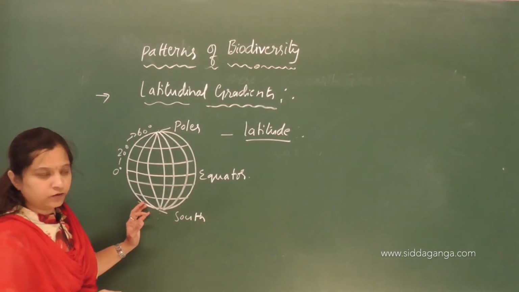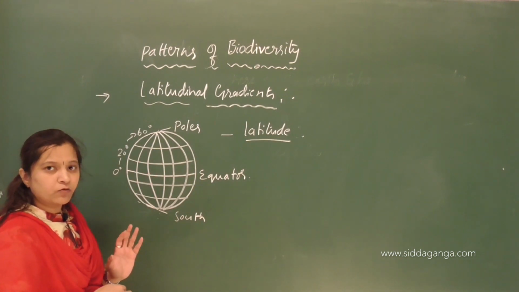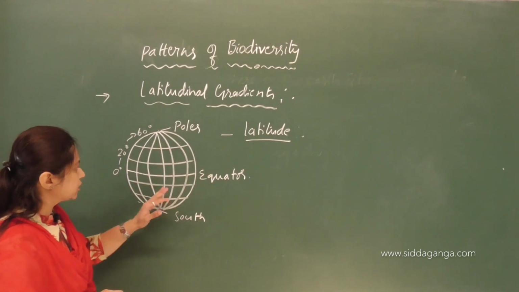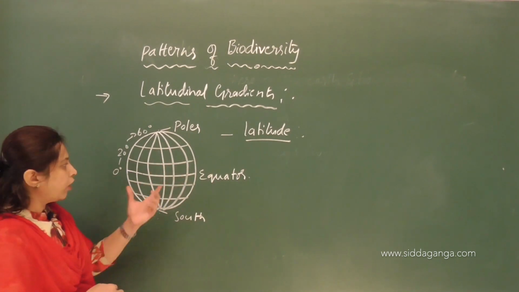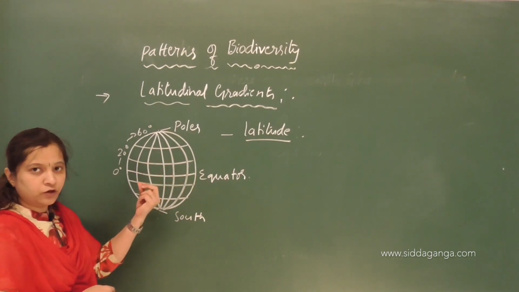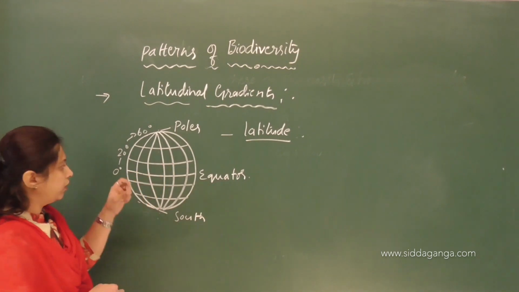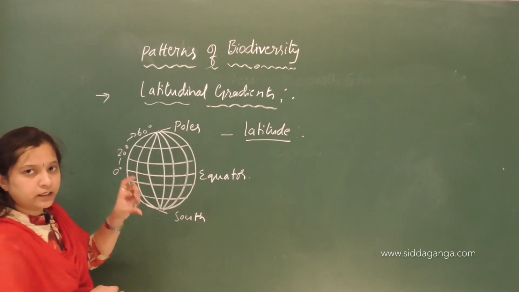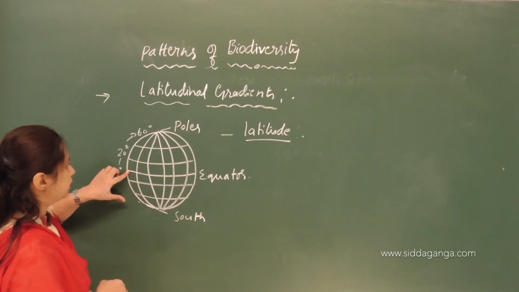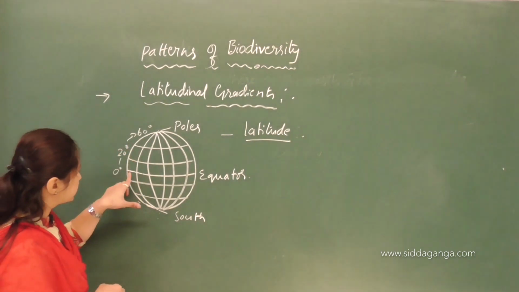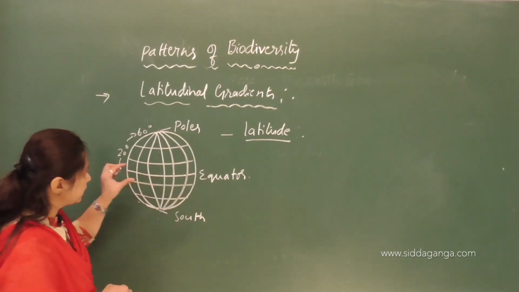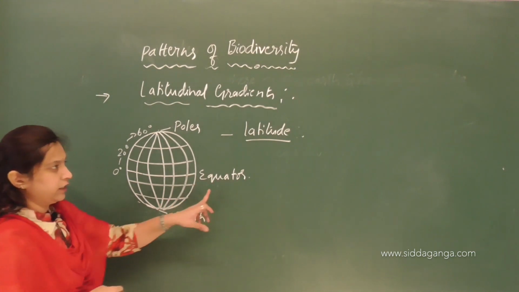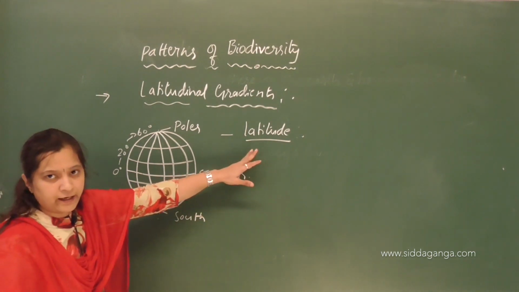So latitude is nothing but the angular distance of a place north or south of the equator, measured with respect to the center line, the ring that constitutes the equator. So you will come to know what latitude is.